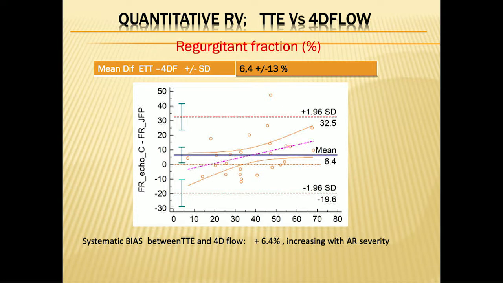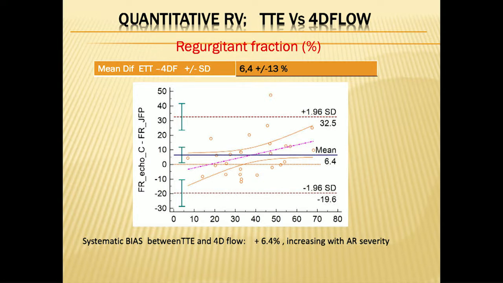But in terms of regurgitant fraction, the systematic difference is 6.4%, and it increases with severity, for example for aortic regurgitation.